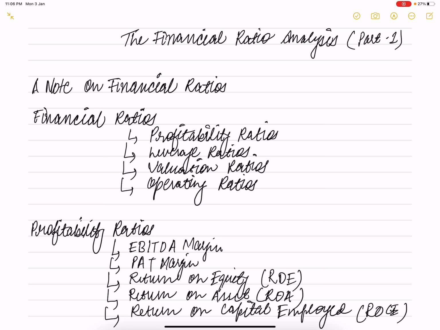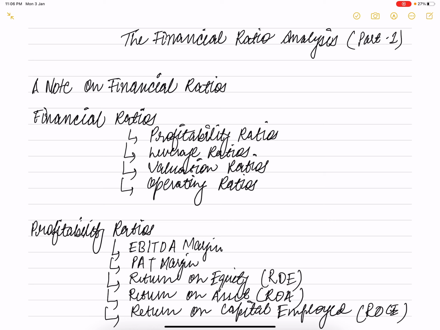Now, diving more deeply into the profitability ratio, we will look into the ratios. So, profitability ratio has these elements: EBITDA margin, PAT, return on equity, return on asset, return on capital employed. So, what is EBITDA margin?